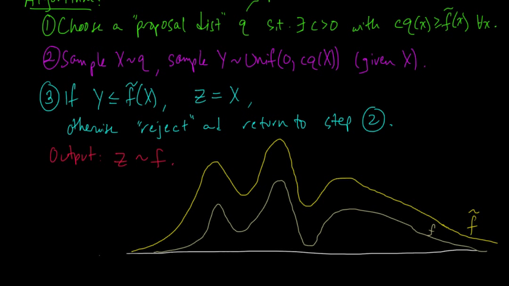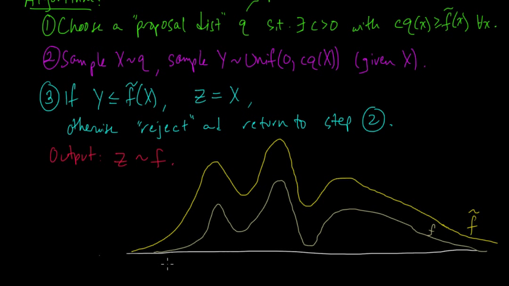Now, what do we need? We need a Q. F doesn't have to be greater than 0 everywhere. I'm sort of drawing it that way, but maybe it's 0 out here somewhere. It doesn't have to be strictly positive. We need Q to be such that there exists some constant C such that CQ is greater or equal to F tilde.